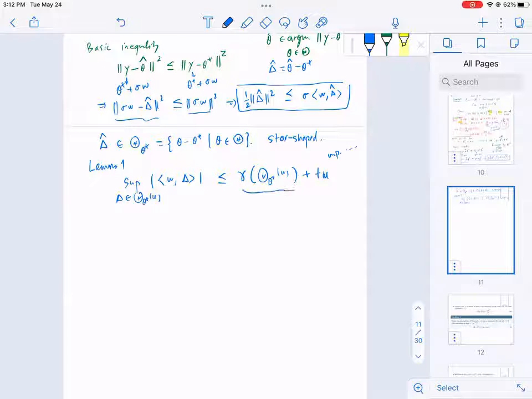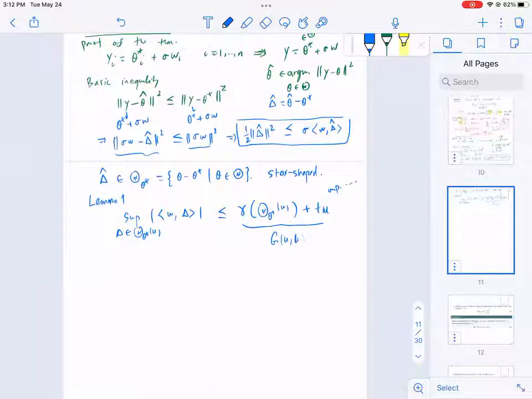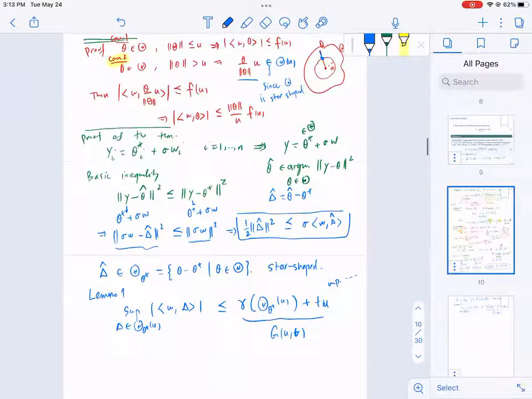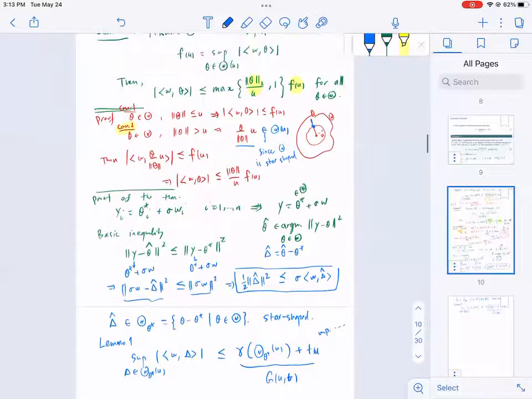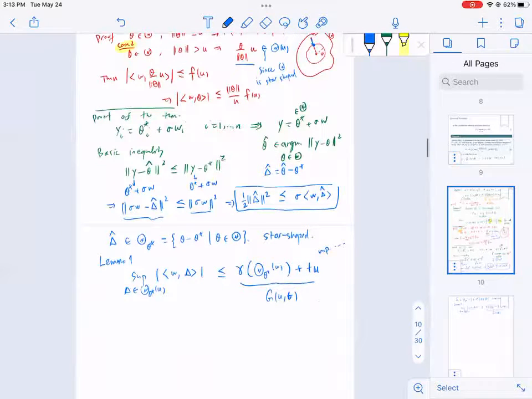This is nothing but G(u, t), if you remember. That's what we defined, so you can see where it comes from. There's the expectation and the tail bound. So this is now a good place to apply lemma 2, so this is like f(u). I have this supremum controlled by this over this part, and this is star-shaped, because theta star is star-shaped, so this is also star-shaped.